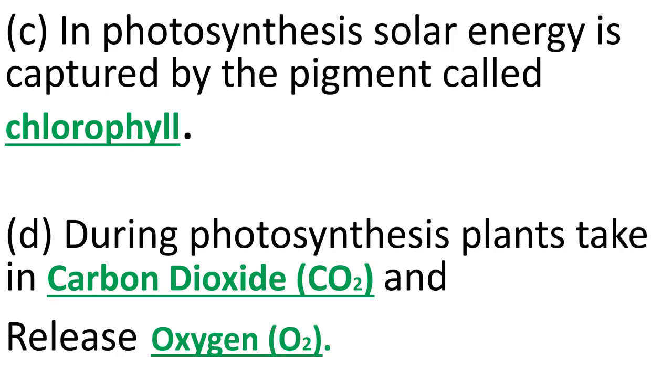C. In photosynthesis, solar energy is captured by the pigment called chlorophyll. D. During photosynthesis, plants take in carbon dioxide, scientifically represented as CO2, and release oxygen, represented as O2.